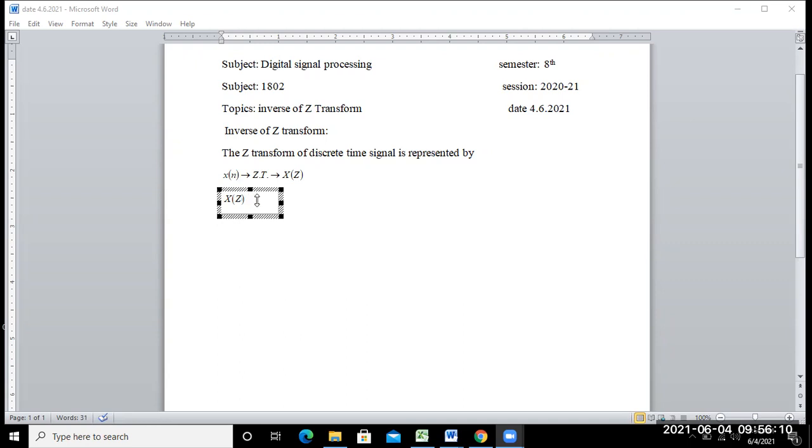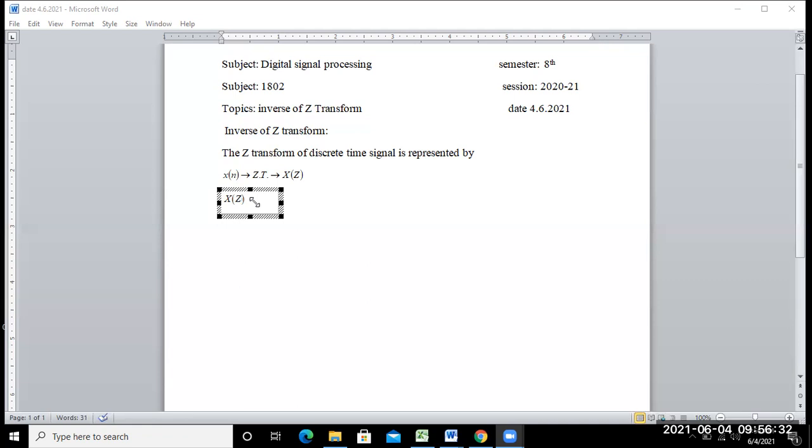Have you remembered the standard formula for Xz? How can we find Xz from the discrete time signal?